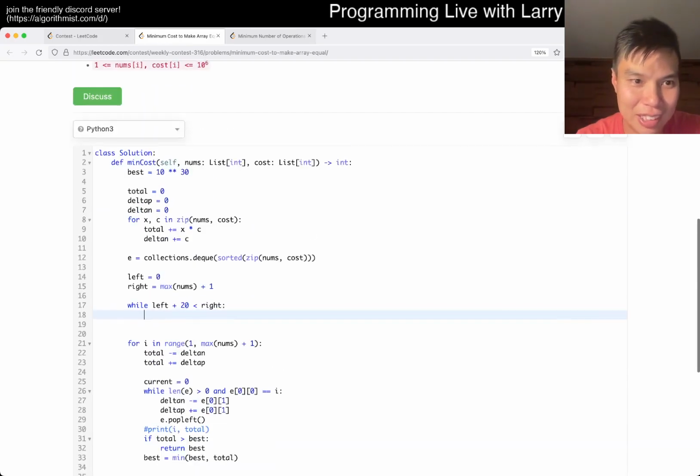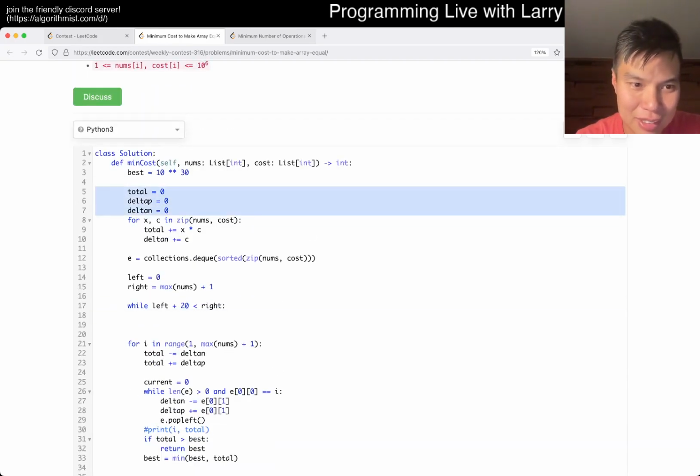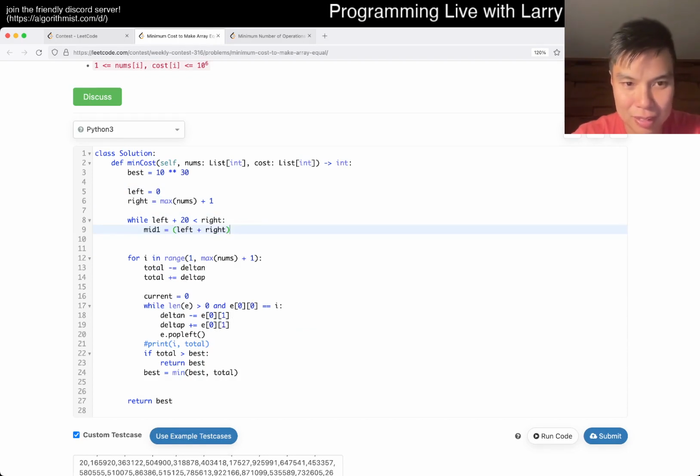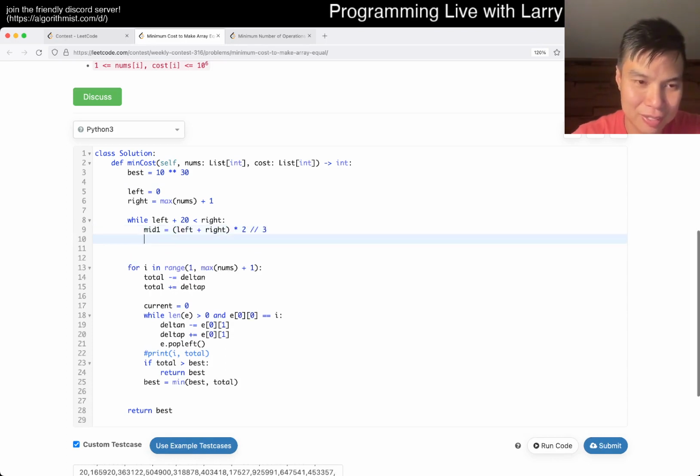I don't even need all this then, right? Oh, Leetcode. What are you doing? I think I did that wrong, actually.